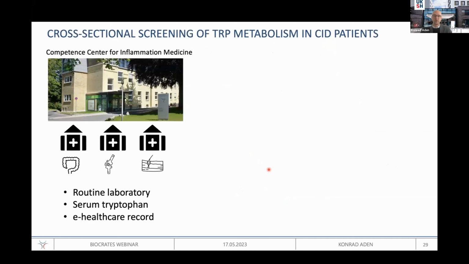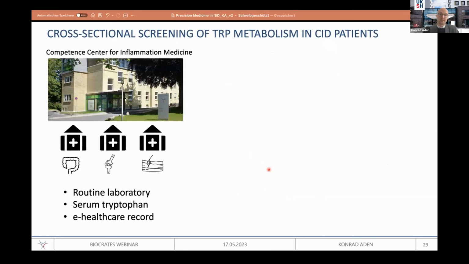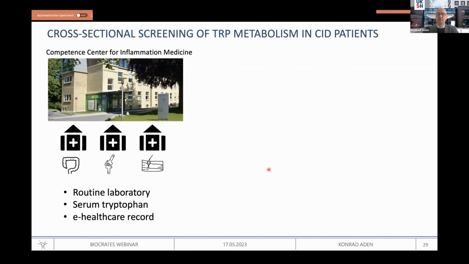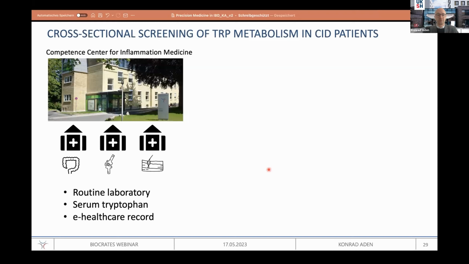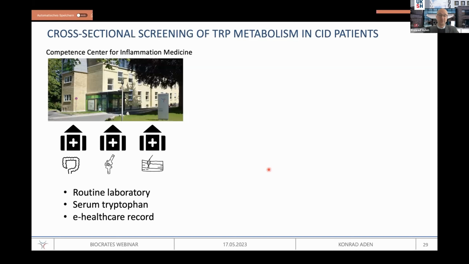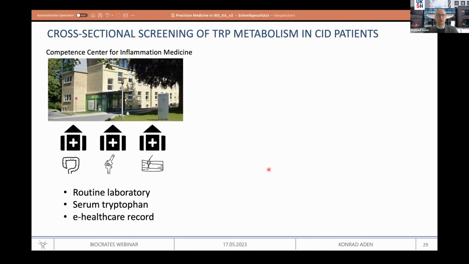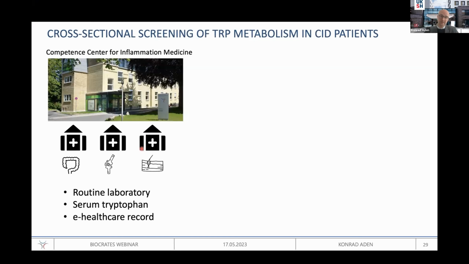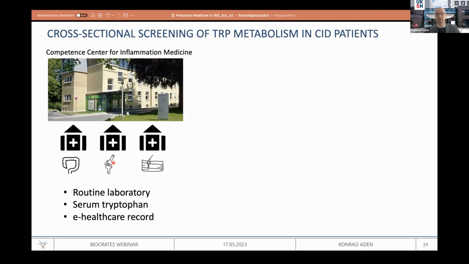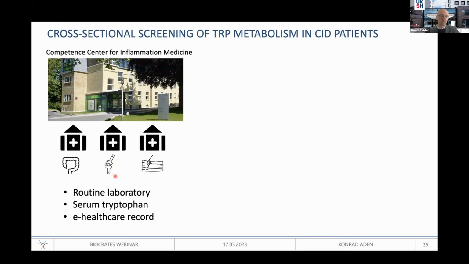And what she did is that we took advantage of our competence center for inflammation medicine, where we basically see a great variety of patients with chronic inflammatory diseases, mainly IBD on the one hand, and also patients with chronic inflammatory skin diseases and chronic inflammatory diseases of the musculoskeletal system, such as rheumatoid arthritis, systemic lupus erythematosus, axial spondyloarthritis.